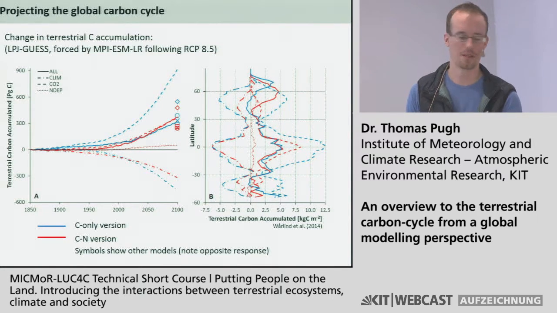So we know that more is important than just the carbon. Nutrient limitations are also important, and the red lines here show the same set of simulations, but with nitrogen limitation or nitrogen cycling effects included. Once again, the CO2 still has a positive response on the dashed line, but it's much, much smaller than it was when we didn't consider nitrogen.